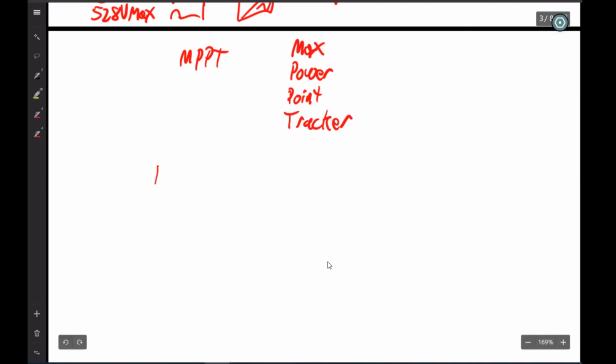So if I create a chart that shows the short circuit current, which I said was 6.7 amps, I believe, and then the open circuit voltage is 45 volts.